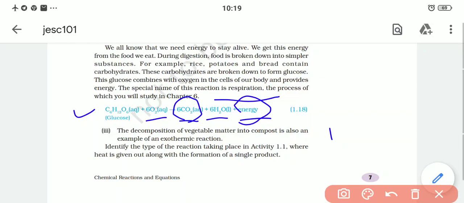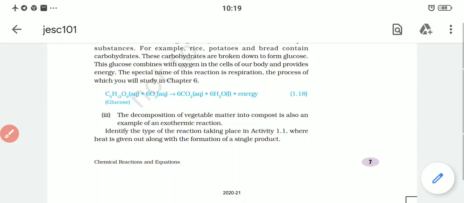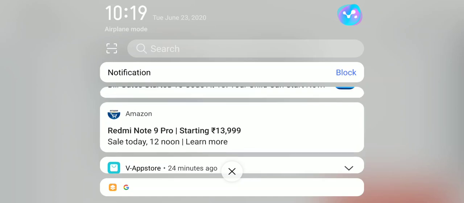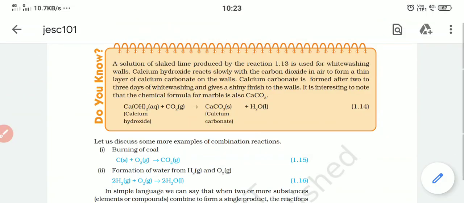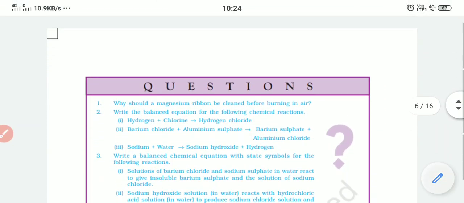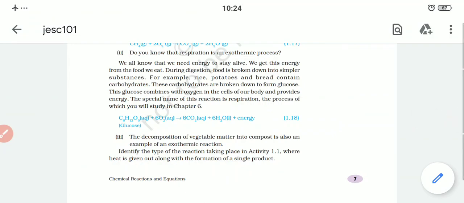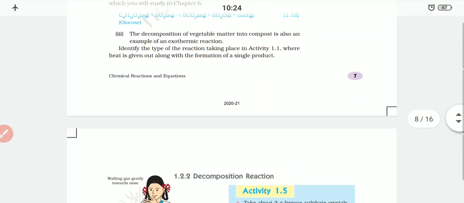That's why respiration is considered an exothermic reaction. The decomposition of vegetable matter into compost is also an example of an exothermic reaction.